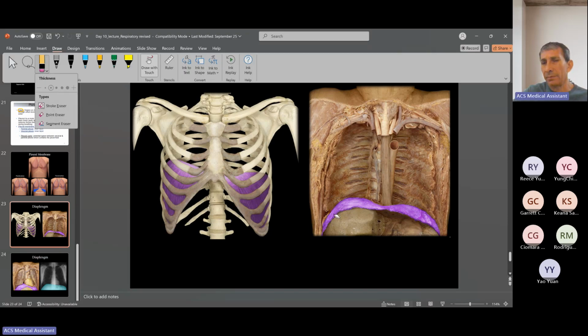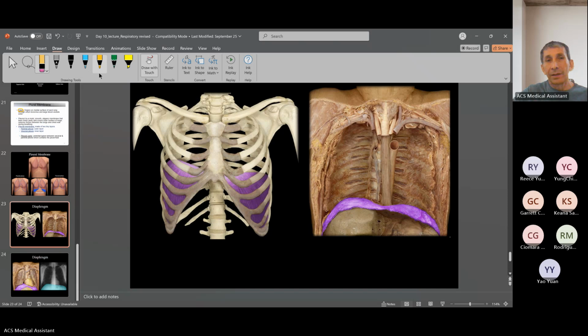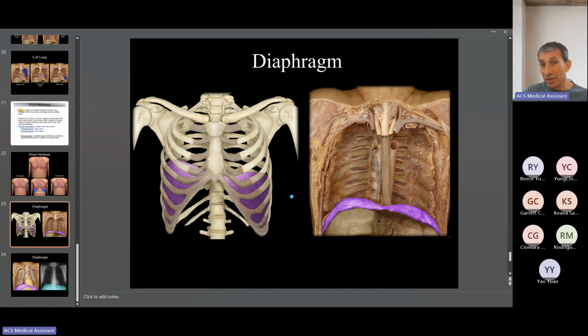Remember, that's the diaphragm. The diaphragm is a very, very important muscle. Now, just so you understand how important the diaphragm is, let's say that a patient goes into a surgical procedure. This patient receives general anesthesia. What is general anesthesia? The patient is knocked out completely. The patient doesn't know what's going on. The patient is put on oxygen.